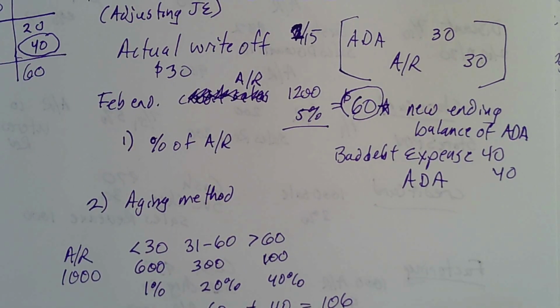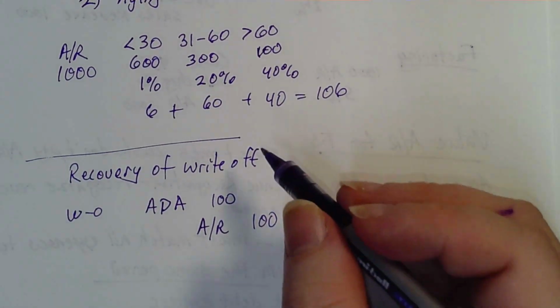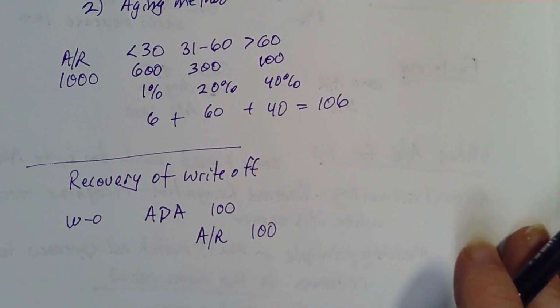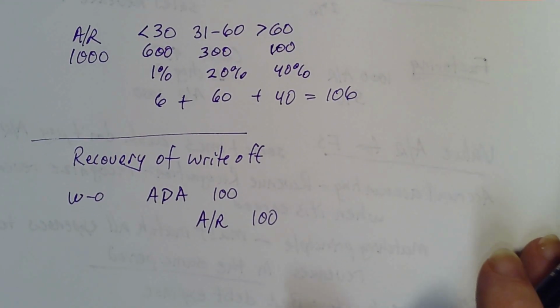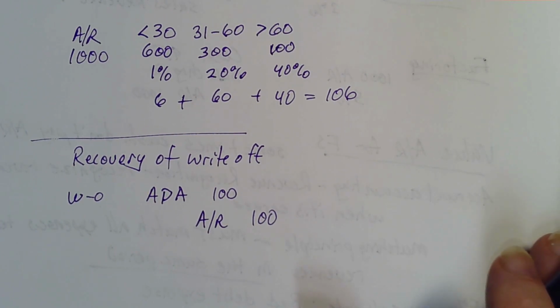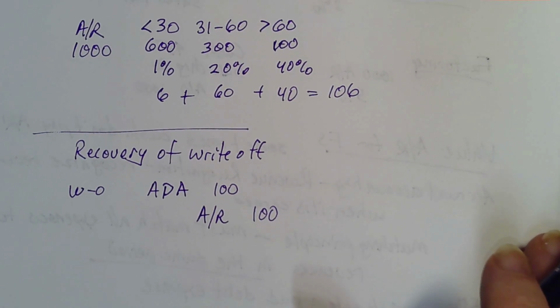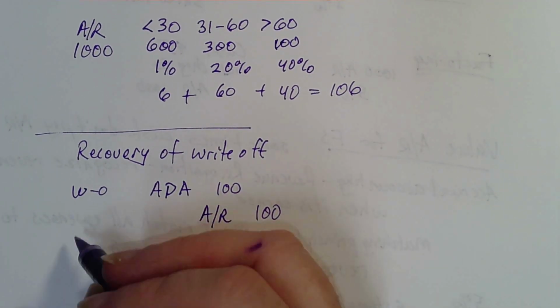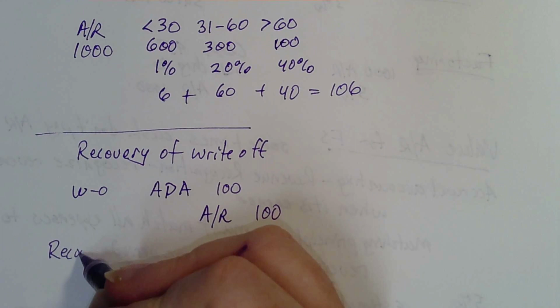But let's say we heard from their lawyers that they're going to go out of business, but then they got some new money, popped back up and said, nope, we're going to continue doing business, and we want to go ahead and pay off our account. Well, essentially what we have to do for the recovery is two quick steps.